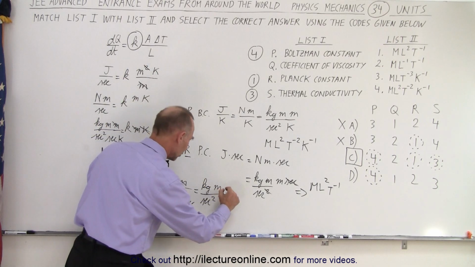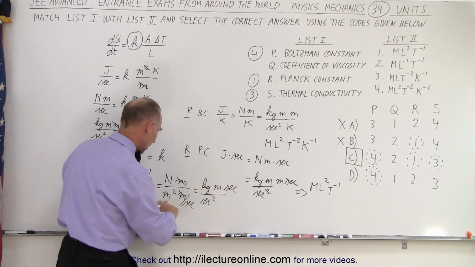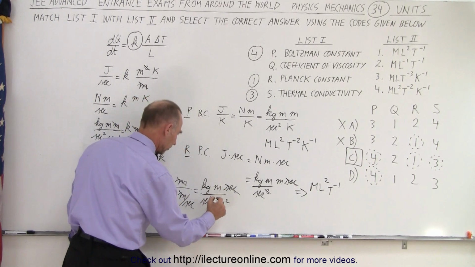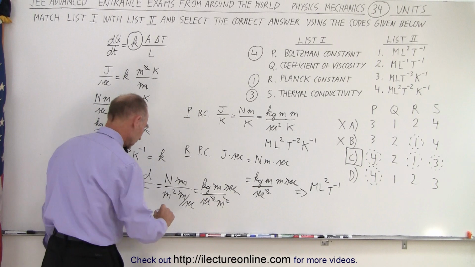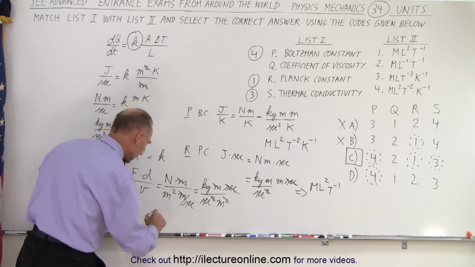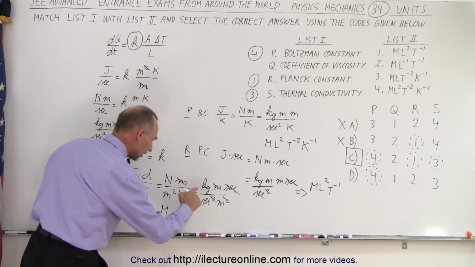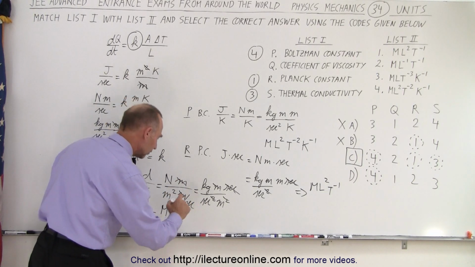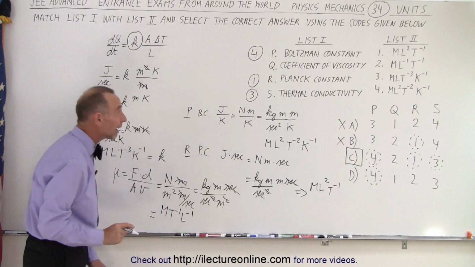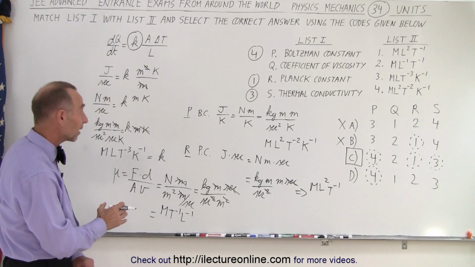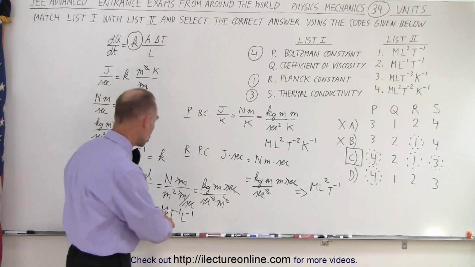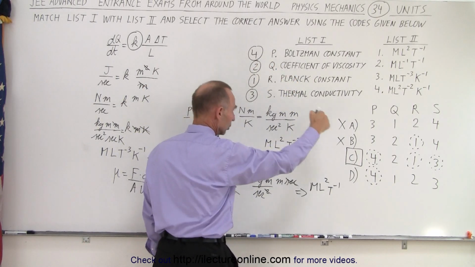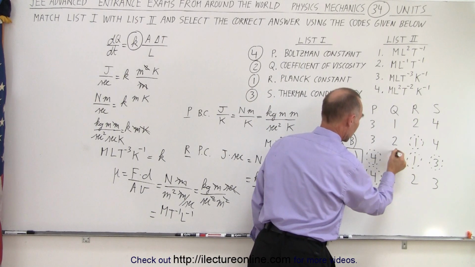Notice that seconds goes to the numerator. From here, we have meters squared in the denominator. So this second cancels out this second, and this meter cancels out this meter. So we're left with kilograms, which is mass, seconds in the denominator, which is time to the minus 1, and meters would be length to the minus 1. Do we have anything like that? Mass, length to the minus 1, time to the minus 1, that would be 2. And so the coefficient of viscosity is Q, 2 right there.